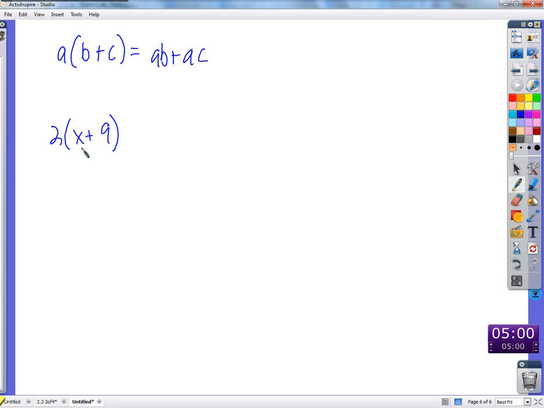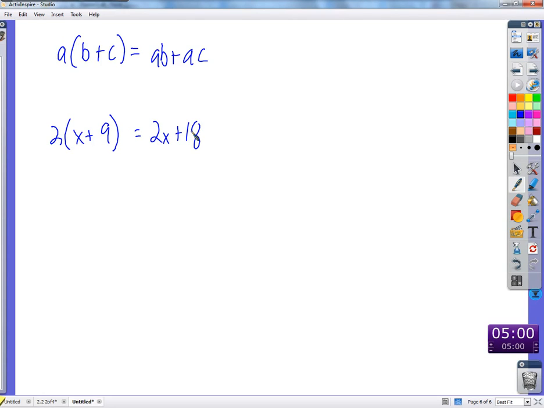Okay? So if we want to manipulate this expression, which we will want to do very soon, we've got to break out of those parentheses in a way. We've got to in some way resolve these parentheses, and that's what distribution does. So this would be 2x plus 18. Confident that at least 95% of you get that.